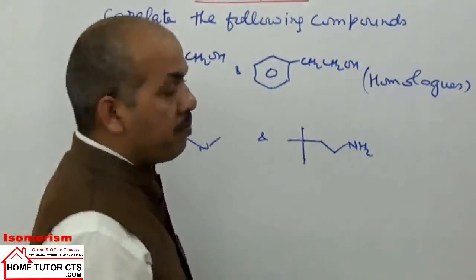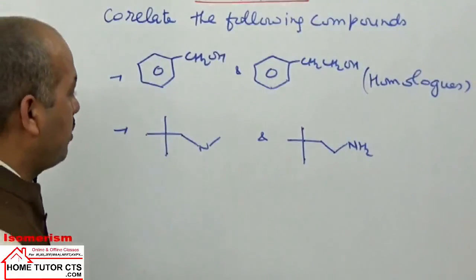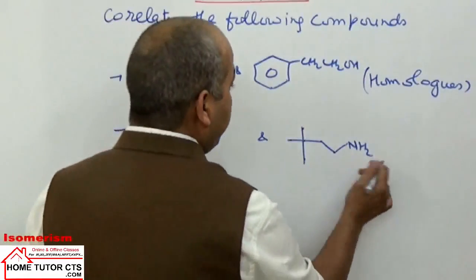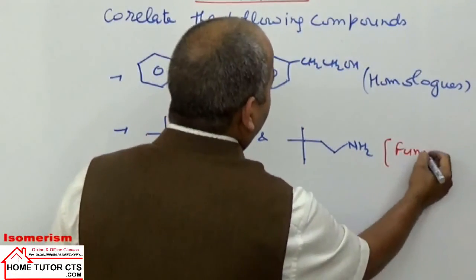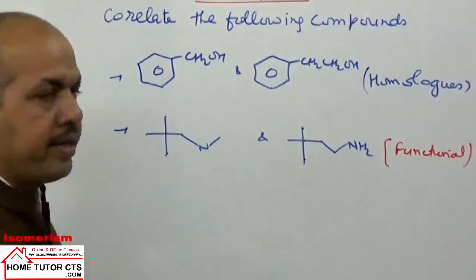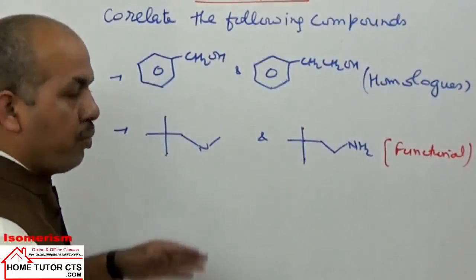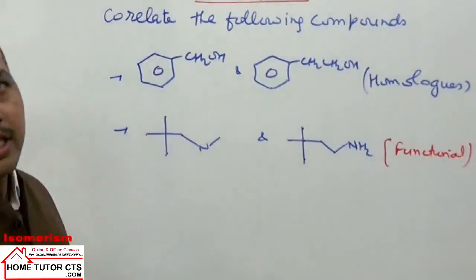You have exactly the same number of carbon atoms. When they contain the same number of carbon atoms, one is secondary, one is primary. So what can we call them? Functional isomers. They show different reactions chemically. So we can call them functional isomers. I hope it is clear. Now we start the topic conformation.